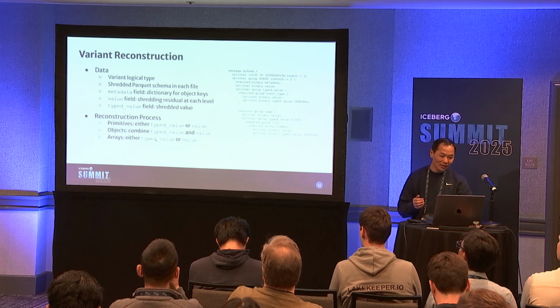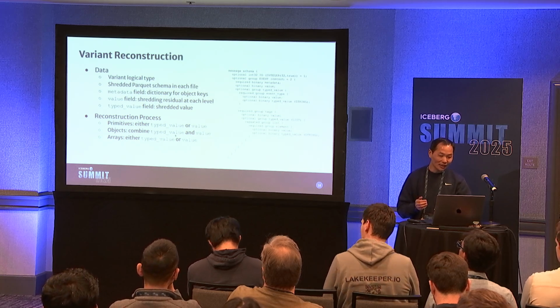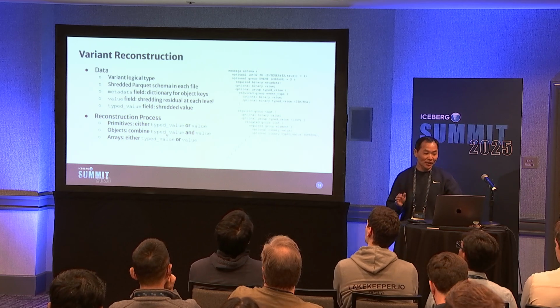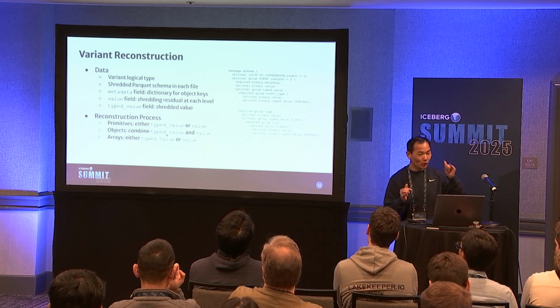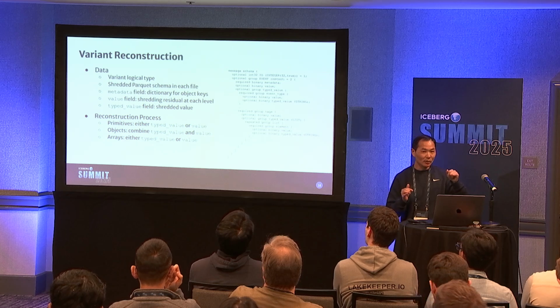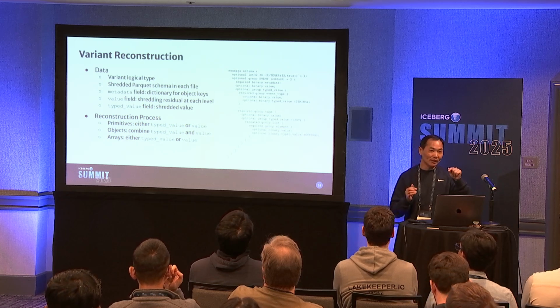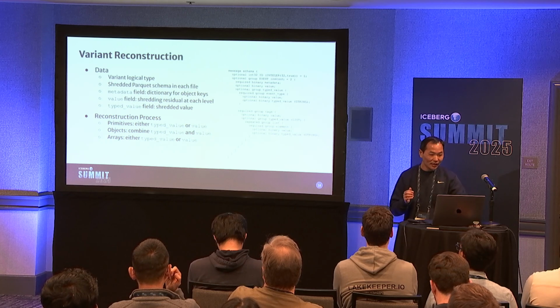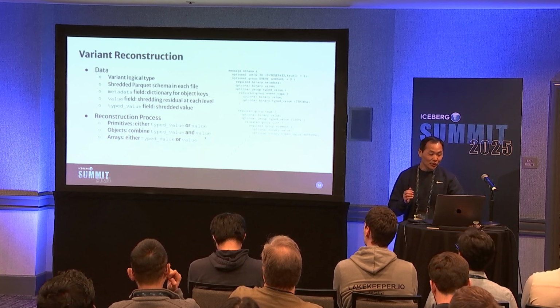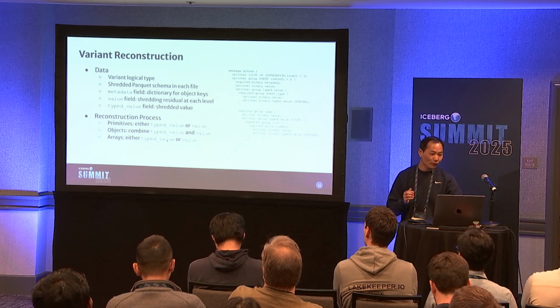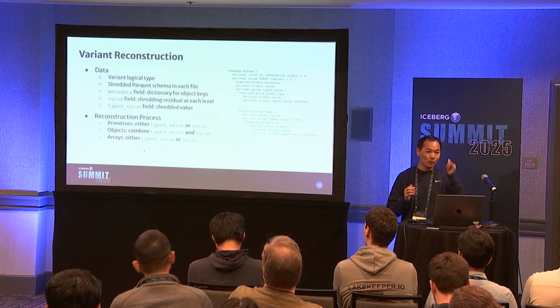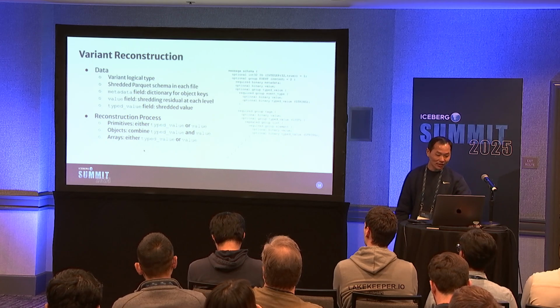For objects, it's the same thing, but the difference is that you have to combine, because for objects some fields may not be shredded. Then they're going to be in value, and you have to combine both. But for primitives and arrays, you choose one of them. That's the difference.